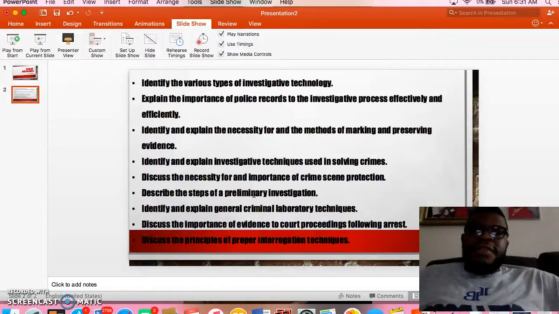Describe the importance of evidence to the courtroom procedures following the arrest. So again, evidence in the courtroom is going to be crucial. It's extremely important because if you don't handle your evidence correctly leading up to the courtroom proceedings, then the defense actually has a strong chance of winning that case because your evidence is not credible.